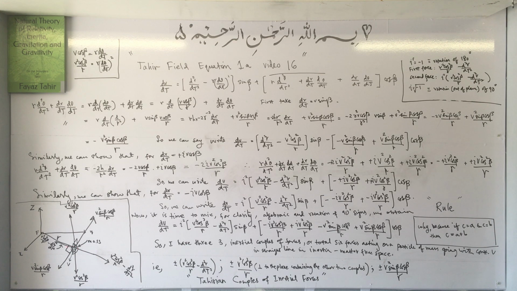Okay, so one couple is this. So this couple is v square cos square beta over r minus d square r over dt square, and the other force of the couple is this v square cos square beta over r minus d square r over dt square. Look here. First force v square cos square beta over r minus d square r over dt square. The second force is the rotation by 180 degrees of the first force. First force is this. The second force is this. So this expression is a very, very tricky expression.